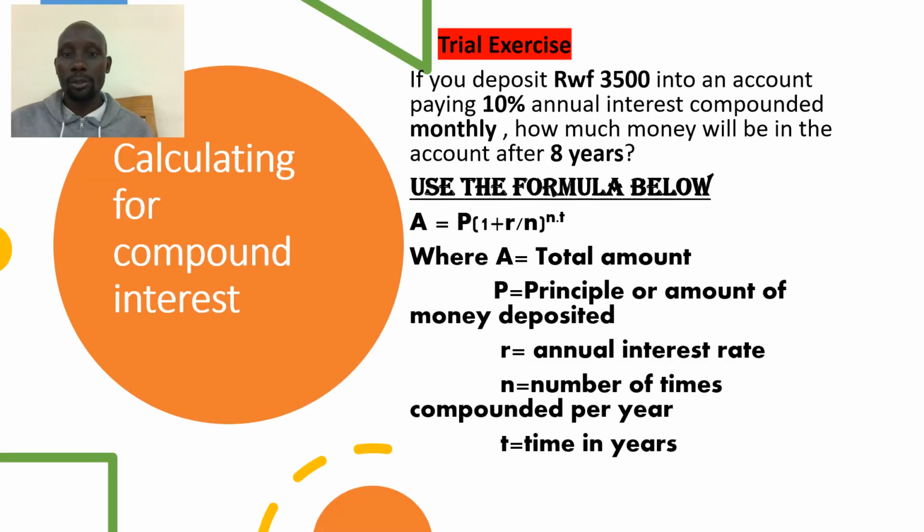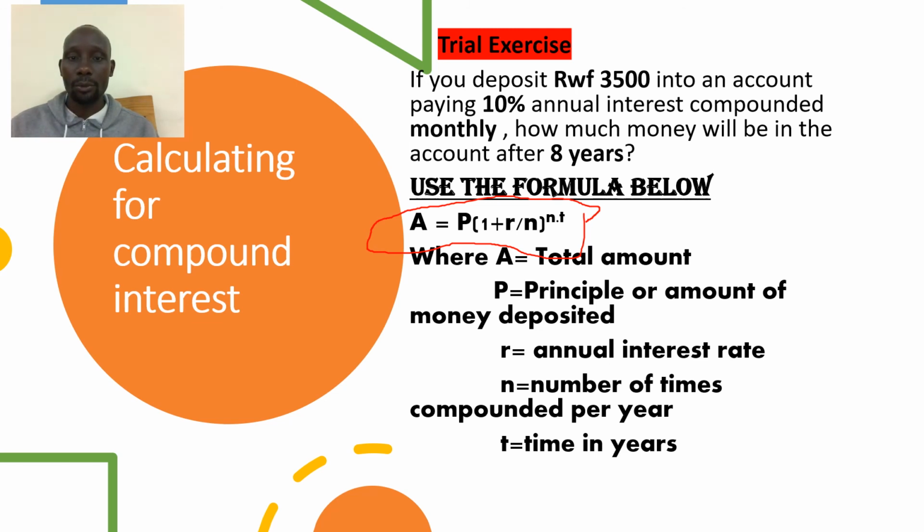So this is now your trial exercise. We are going to use this formula to find the answer for this question. If you deposit 3,500 into an account paying 10% annual interest compounded monthly, how much money will be in the account after 8 years?